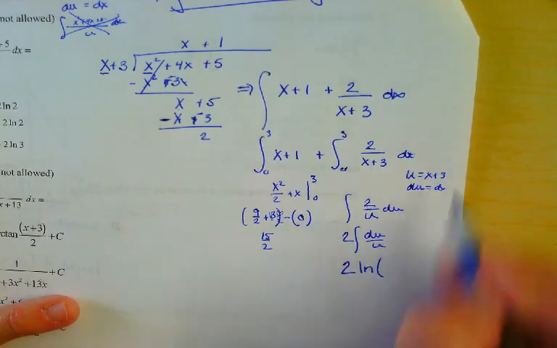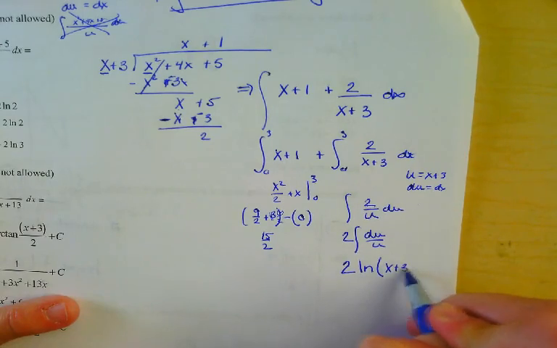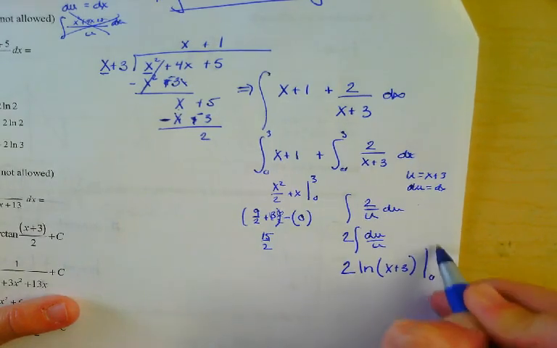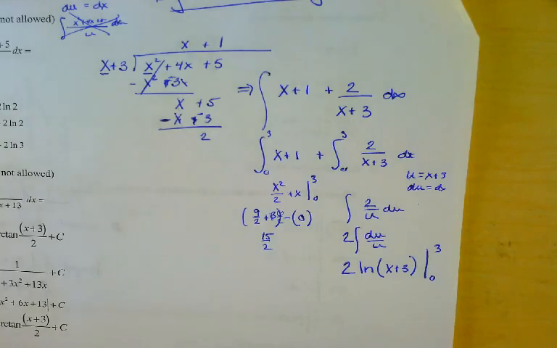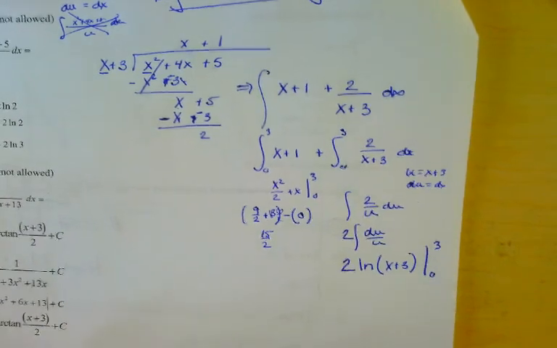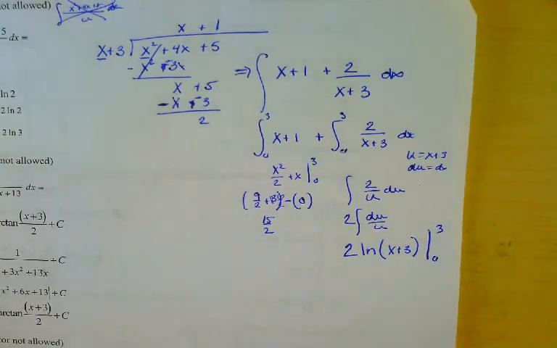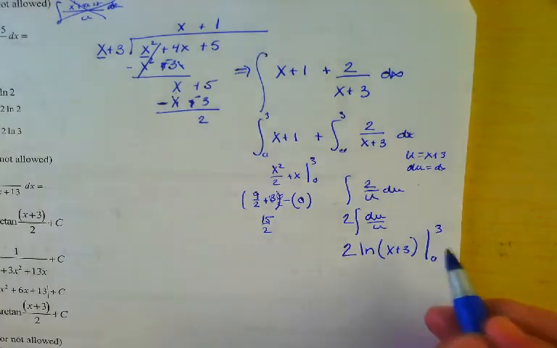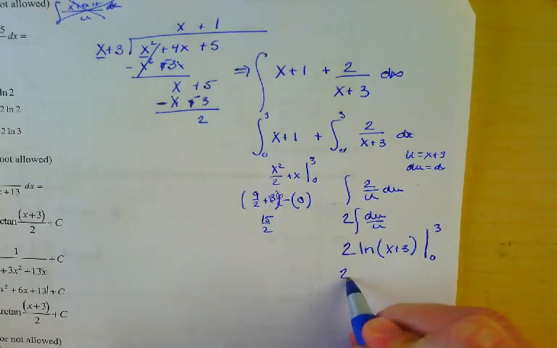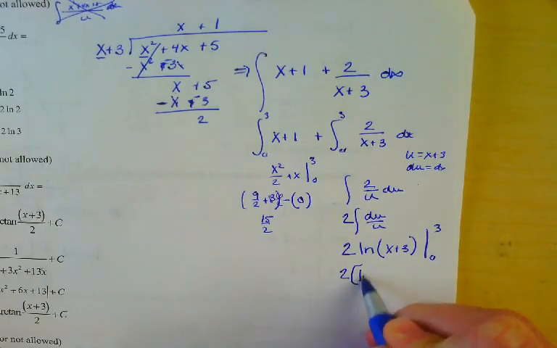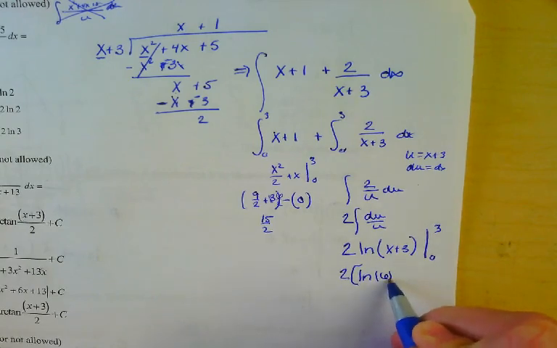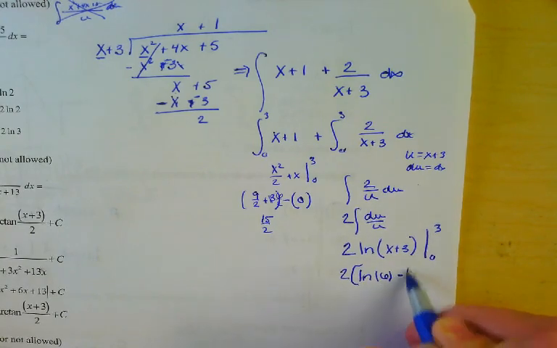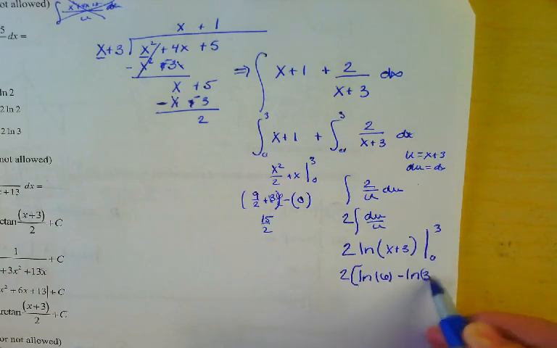I'm going to stick my original back in so I can just use the original bounds from 0 to 3. Otherwise, I would have to get u bounds for the u sub, but I can just put that original back in. Now once I see an ln, I think, all right, I'm going to have to use some ln properties at some point. So if I plug in my 3, I've got 2 times the ln of 6 minus the ln of 3.